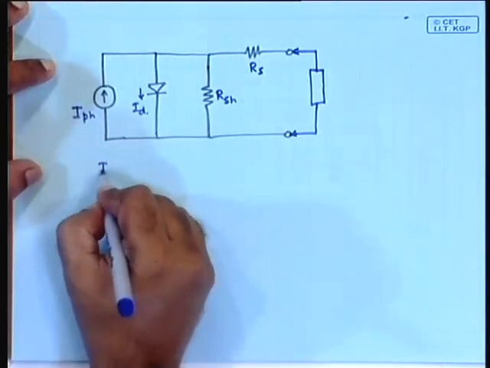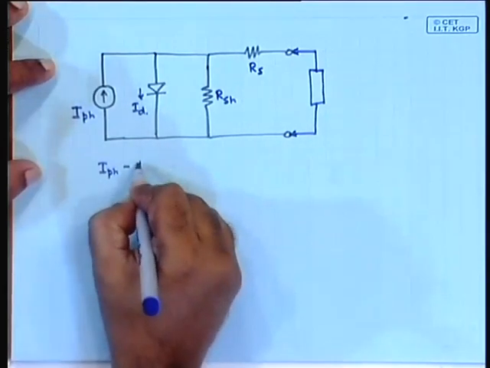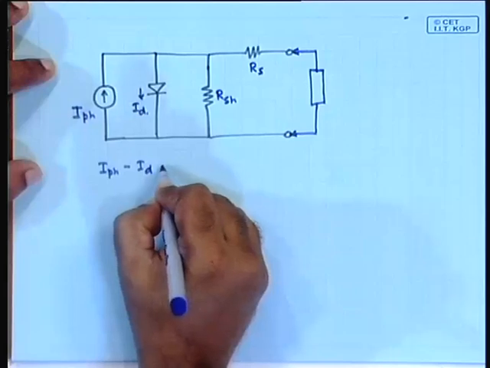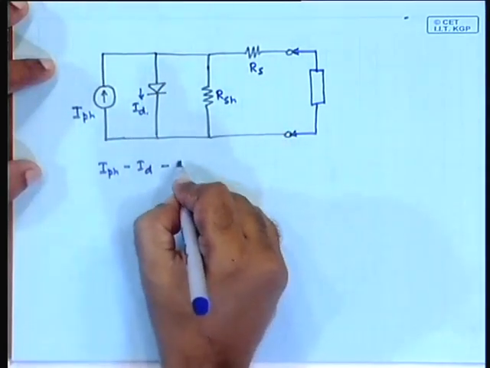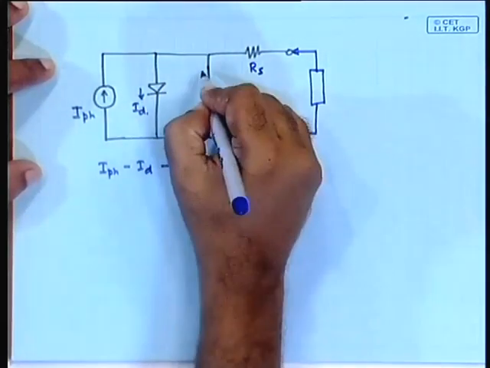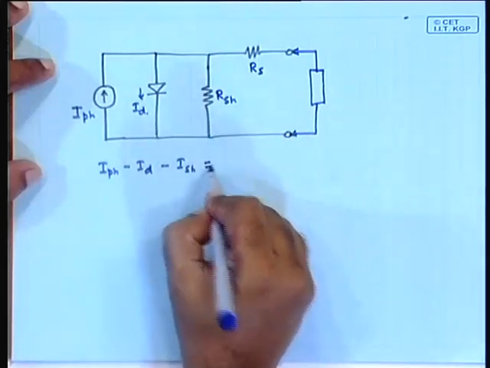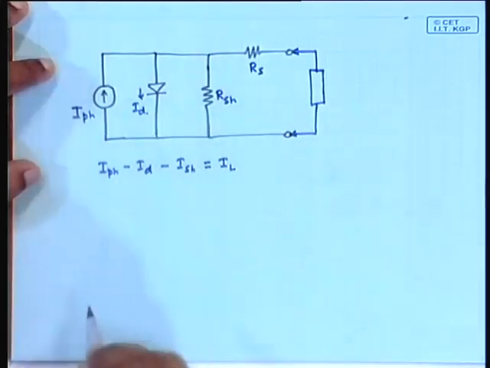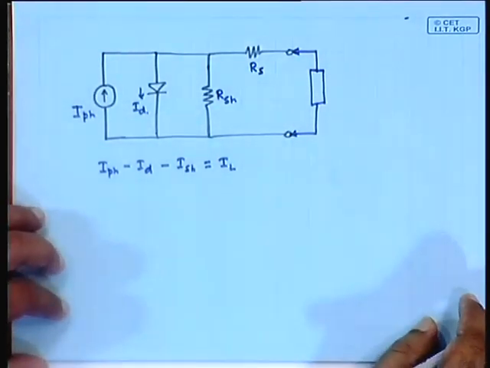So, IPH minus ID minus ISH is equal to the load current, the essential circuit equation.